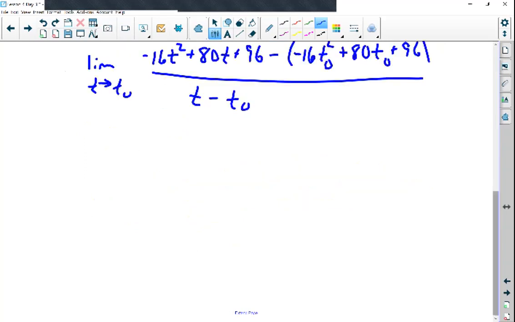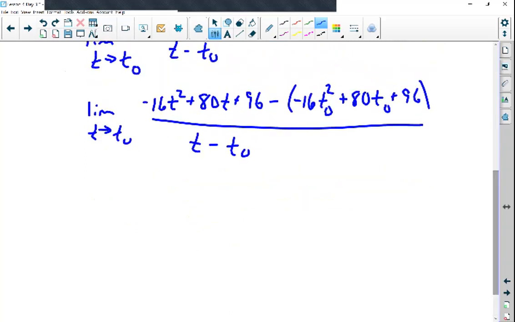All right. And then I'm going to distribute that negative through. And I'm doing this probably more for my benefit than for yours.